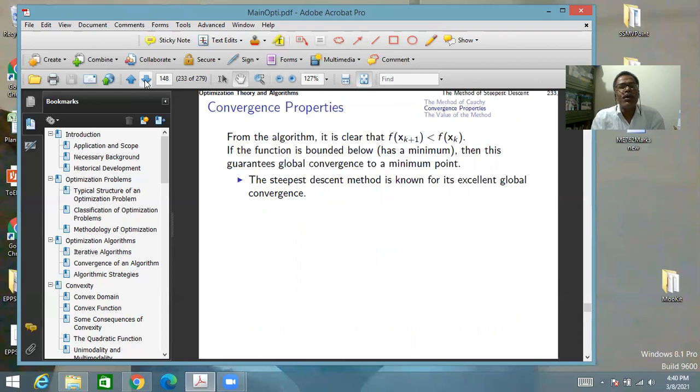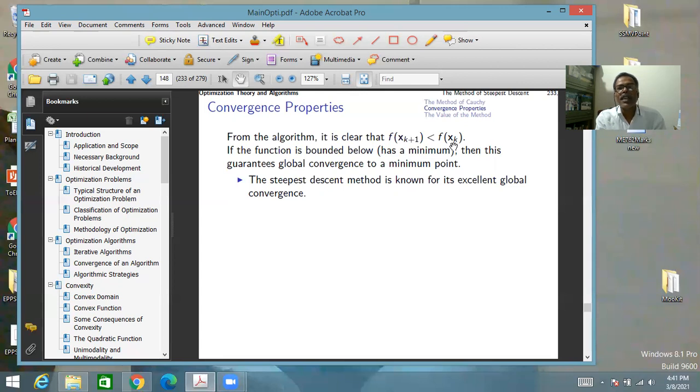Now we need to know the convergence properties of the algorithm. It is clear that the function value at the next iterate will be less than the current iterate because we are taking a descent direction, in fact the steepest descent direction, and conducting a line search. So line search is a very reliable step.